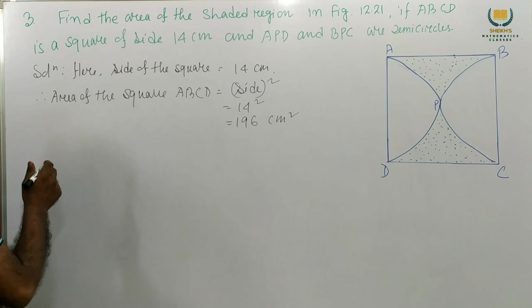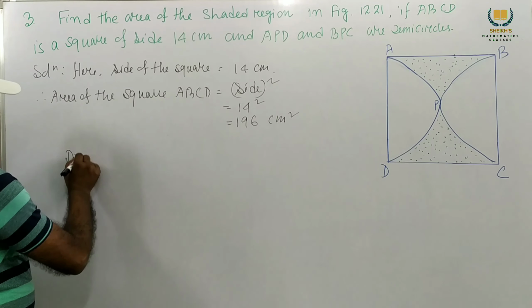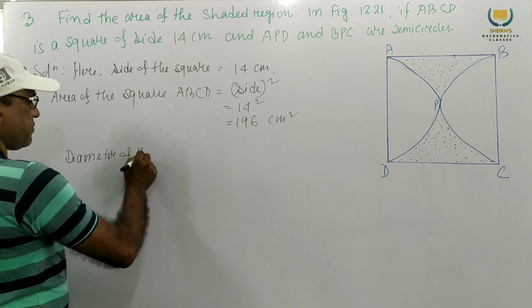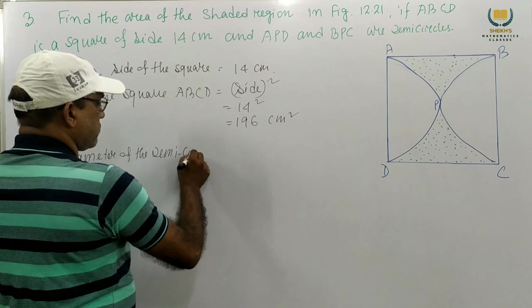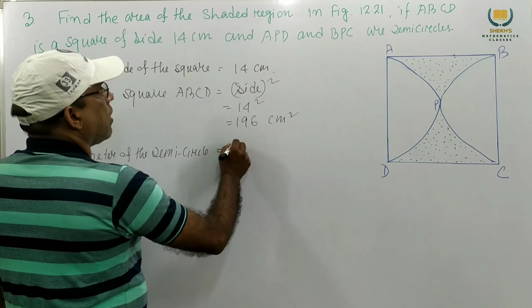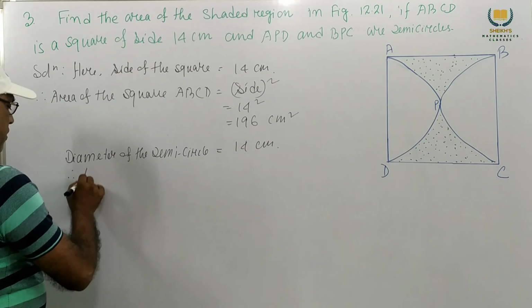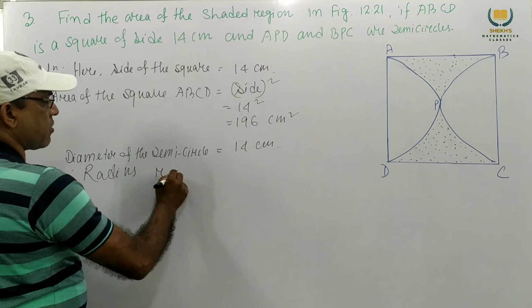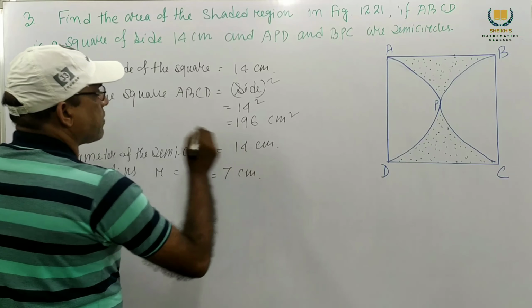So the diameter of the semicircle is equal to 14 centimeter. Therefore radius R is equal to 14 by 2, this is 7 centimeter.